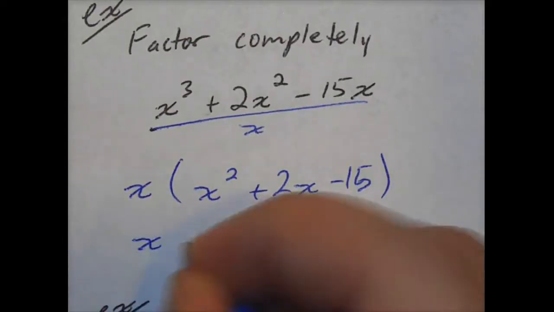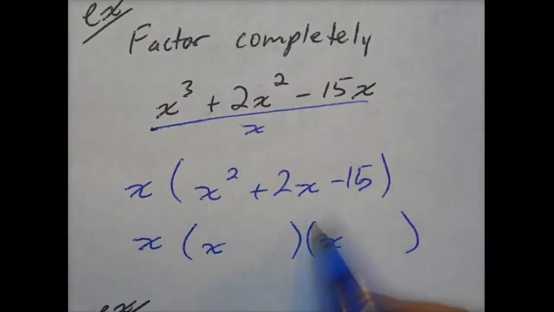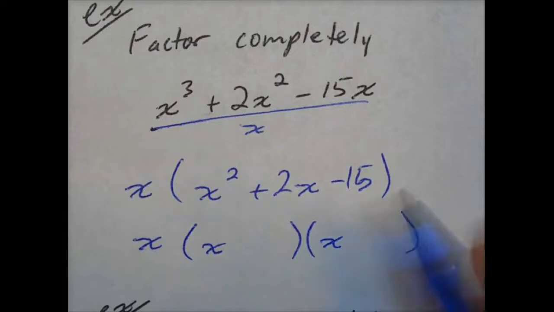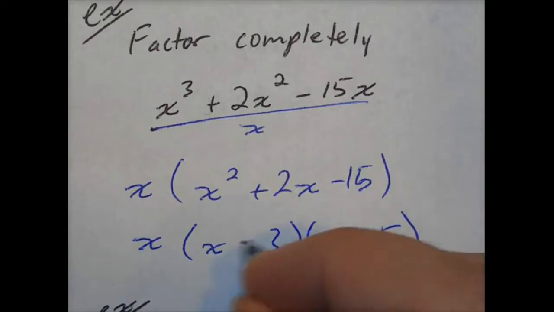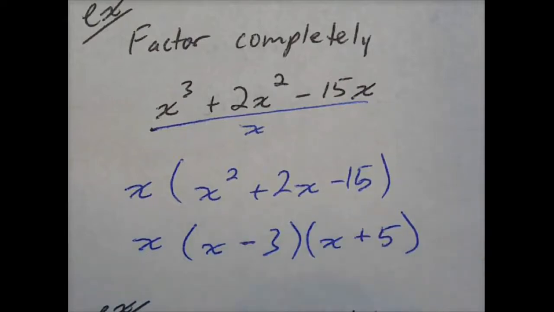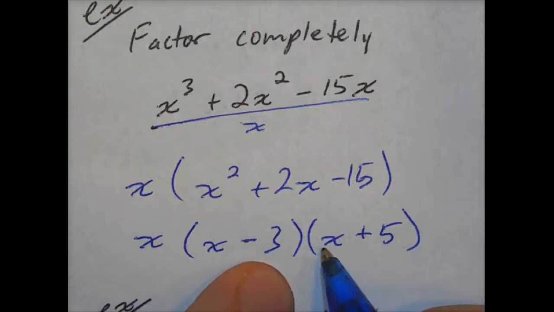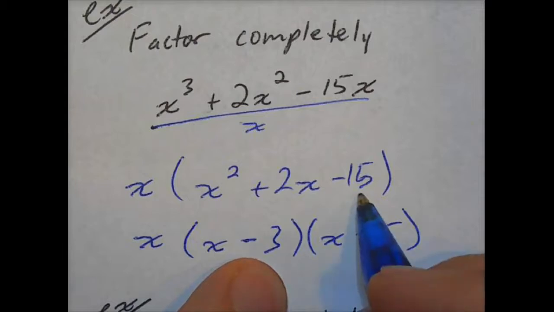So factoring, remember x and x. Since I'm multiplying to be negative 15, and I'm adding to be 2, the difference between 3 and 5 is 2. So I probably have plus 5 and minus 3, such that when I multiply the outsides, I'll have 5x, and the insides minus 3x. 5x minus 3x is 2x, and I know 5 times negative 3 is negative 15.